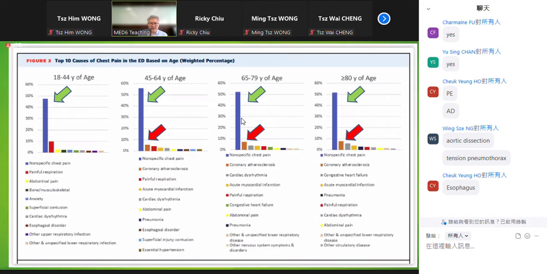But if you go to the emergency department, you're going to see a whole lot more non-specific chest pain before you see someone severe. Between age groups, coronary problems are obviously more likely with increasing age, but non-specific pain is still by far the most common. So, to keep it in perspective, not everybody with chest pain has myocardial ischemia, but it's something you need to exclude.